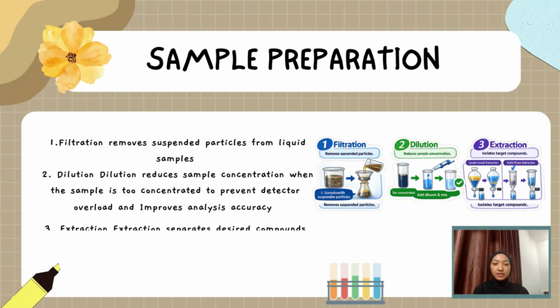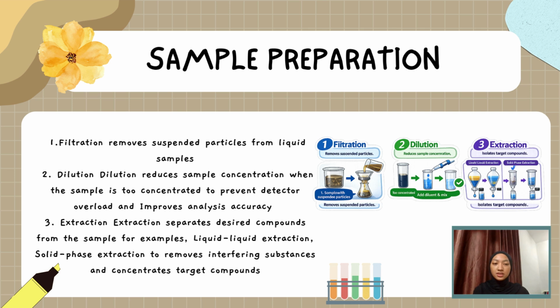Sample preparation is also an important step before chromatography analysis. So, let's look at it step by step. First, filtration is used to remove suspended particles from liquid samples. Next, dilution reduces the sample concentration when it is too concentrated, preventing detector overload and improving the analysis accuracy.